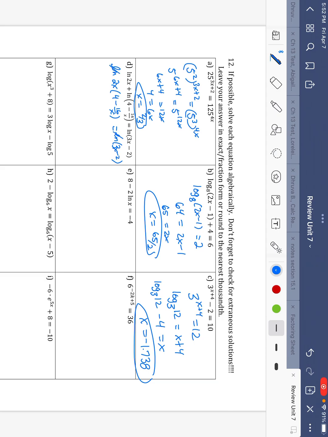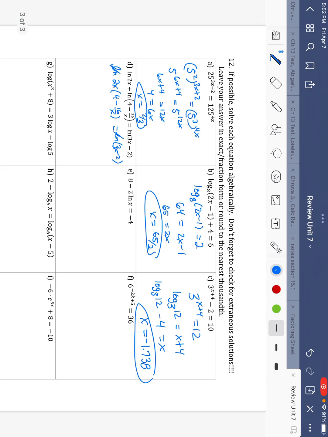When I multiply 2x by this parentheses here, 2x times 4, that's 8x. And then 2x times 16/x, that's going to be 32, because the x's cancel. And then 3x minus 2. All right, so take away 3x, so that's going to be 5x equals, I'm going to add 32, so it's going to be 30. So x equals 6.